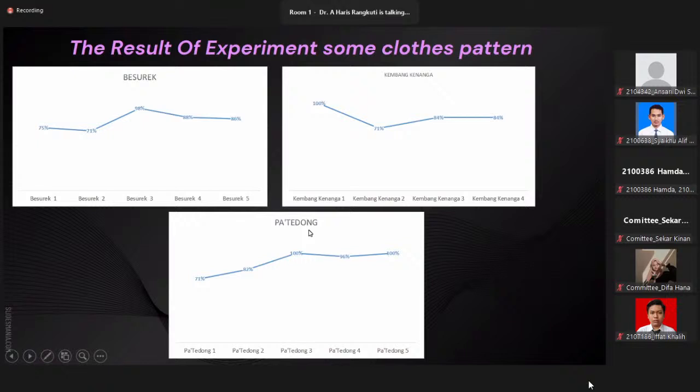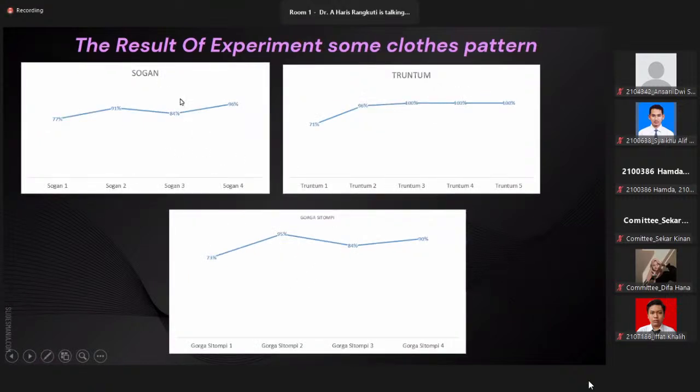Patendong 3 has 100% accuracy. The Shogun pattern has almost 96%, the next Strontium pattern has 100%, and Gorgasitomti has 95%.